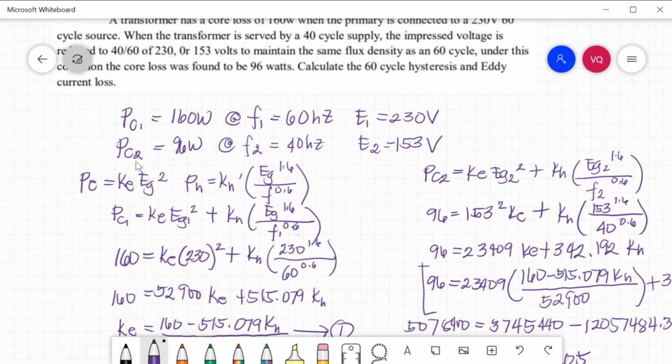Our formula from a while ago: PE is equal to KE, the proportionality constant of eddy current loss, multiplied by EG squared, while the hysteresis loss is KH prime EG raised to 1.6 divided by F raised to 0.6.